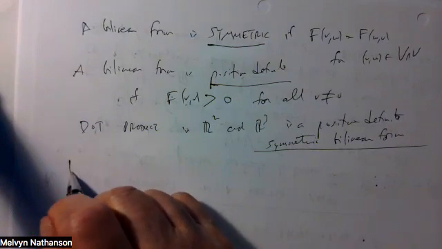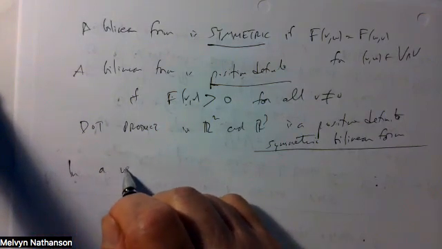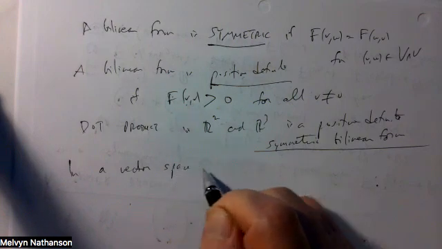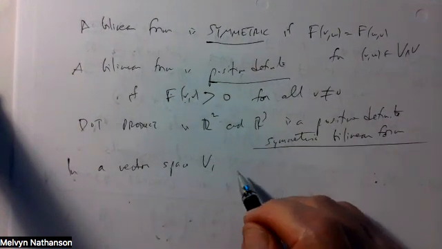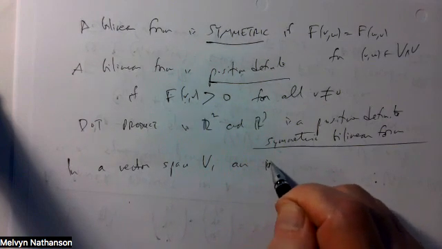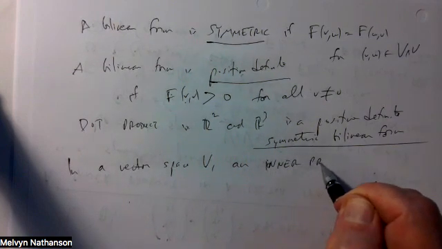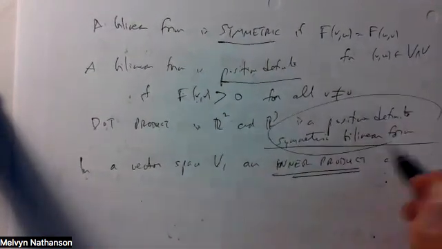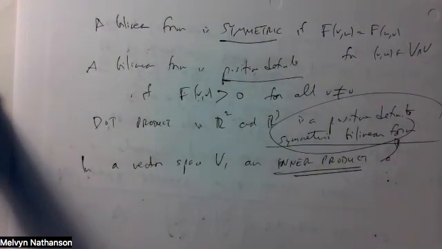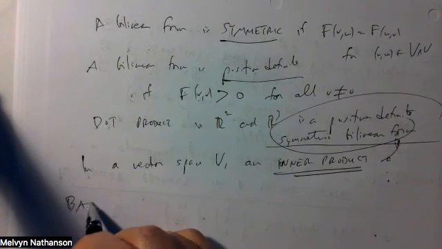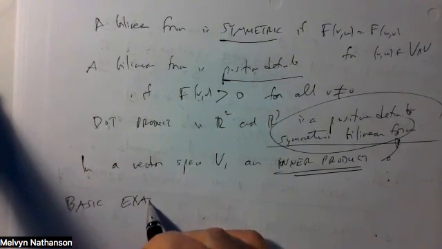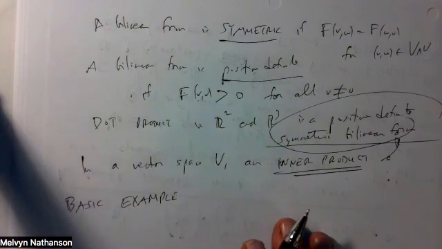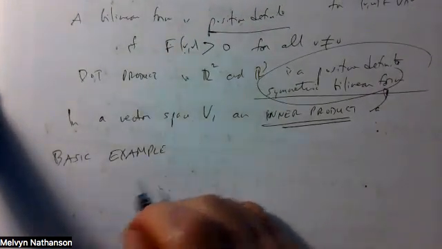And in general, in a vector space V, any vector space, an inner product is a positive definite symmetric bilinear form. So let's take, again, the basic example, which generalizes the dot product from vector calculus.